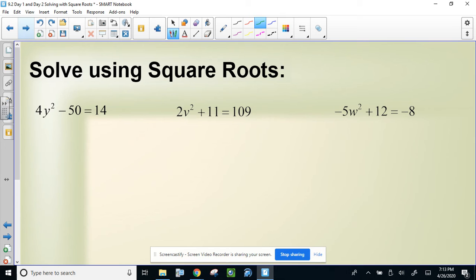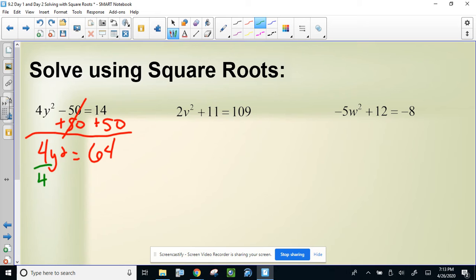Here I can see I don't have to make it equal to 0. I need to simply get the variable by itself, in this case, y. So I'm going to move my 50 over. So I have 4y squared equals 14 plus 50 is 64. And then I'm going to get rid of the 4 in front. I'm trying to undo the order of operations.